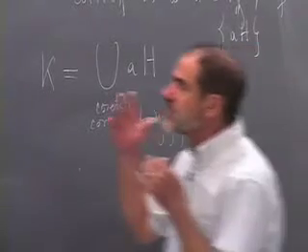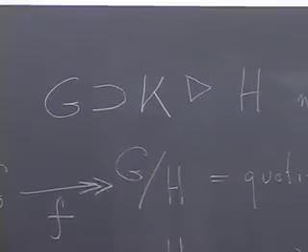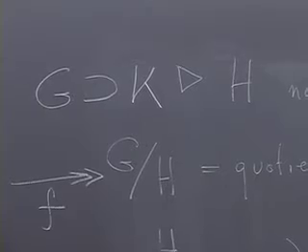So in other words, there's a bijection between the subgroups of G containing a normal subgroup and the subgroups of this quotient group.